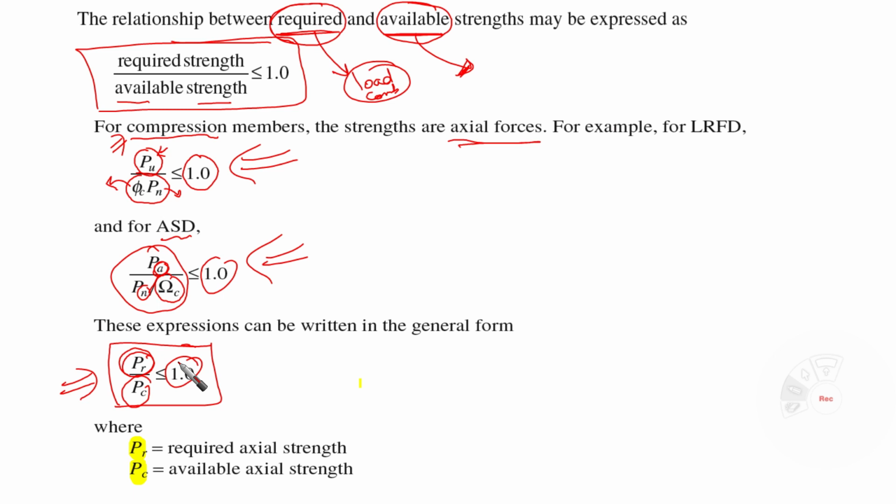So this is what we can put as a general form. This means that if we have one type of straining action, then we put the relation between the required and available, and we maintain this ratio within 1. That's the main idea here that we have explained many times before.